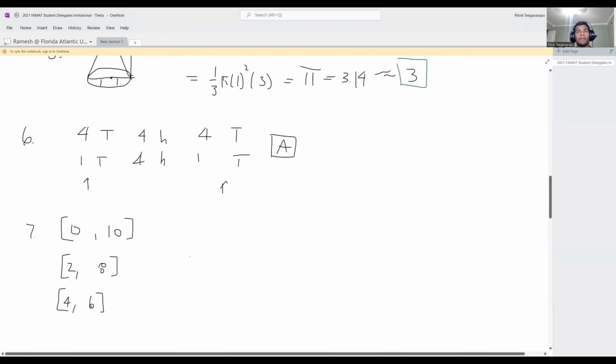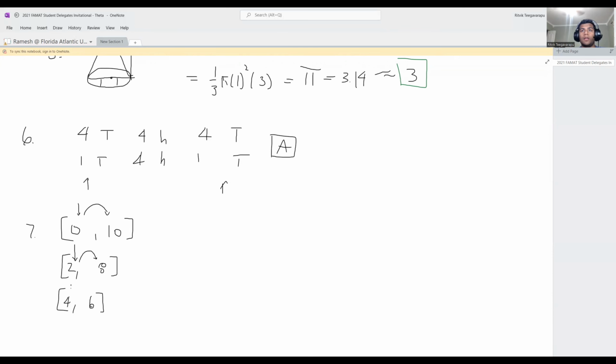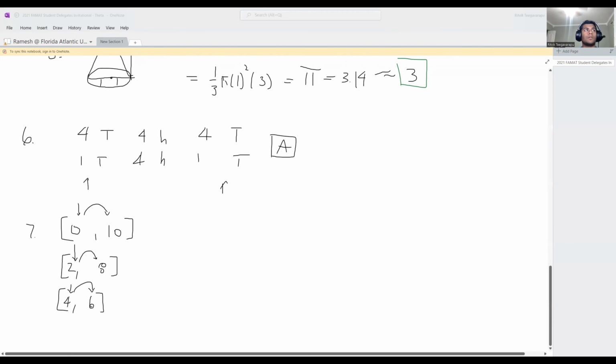Again, I'll run through my thought process here a little bit. We can either select a subset with 0 elements, and therefore that must mean we have 10. We can select a subset with 2 elements, and therefore must have 8. We can select a subset with 4 elements, and we must have 6. So it's important that we have all possibilities accounted for.